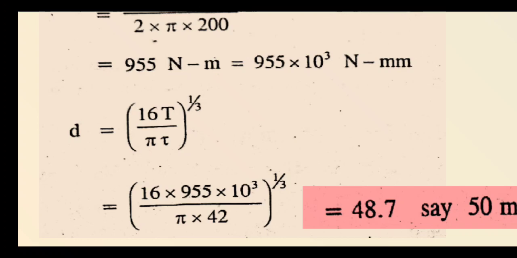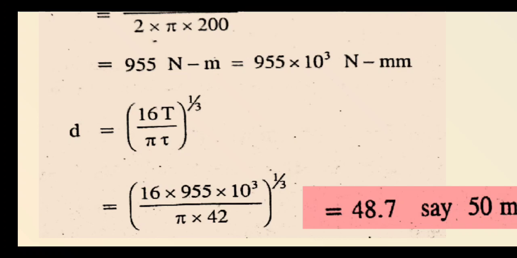Just substitute all the values: 16 into the T value we just found, 955 into 10 raised to 3, divided by pi into the tau value 42, whole raised to 1 by 3.